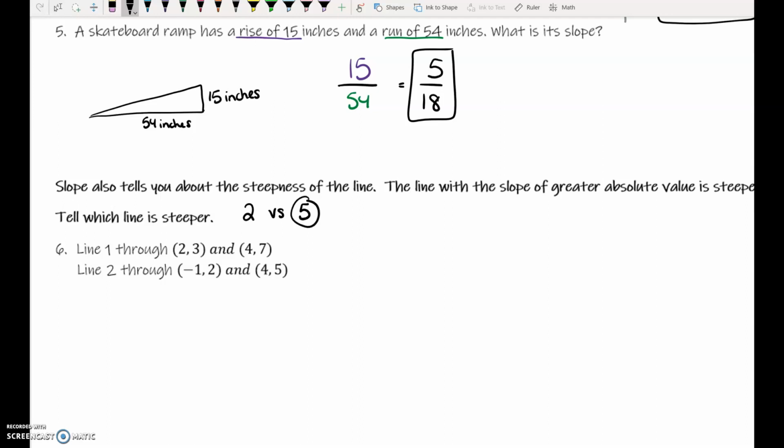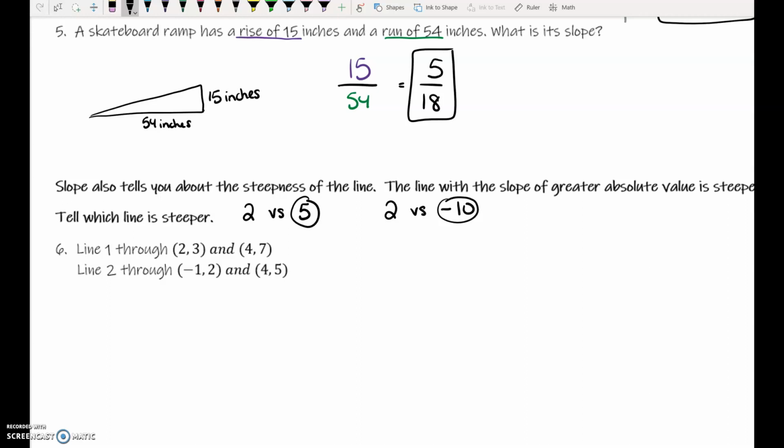If I've got a slope of 2 versus a slope of -10, -10 is steeper. It's the greatest absolute value.